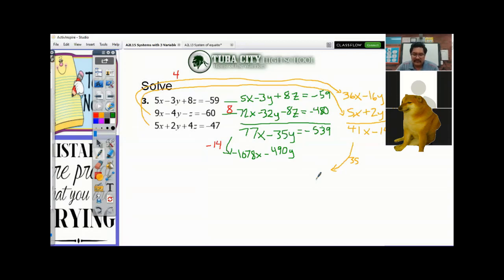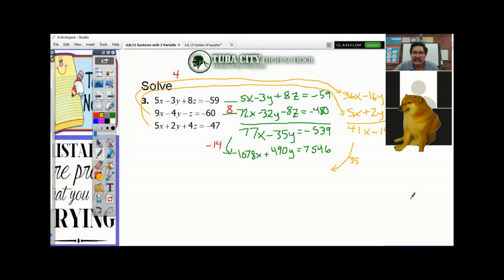And 539 times 14, 7,546. Now that one's a negative times a negative, so that will turn positive. So again, check my signs. And don't be afraid to check your signs because again, everyone has trouble doing this. It's really easy to just lose a sign.